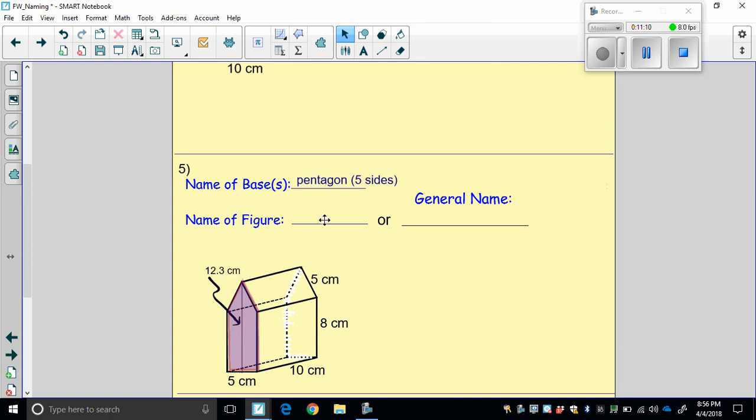So it's a pentagon on the base, which makes it a pentagonal prism. But if you count all the different faces, the front, the back, and the 5 around, there's 7. And we did talk a little bit about this today. The prefix for 7 is hepta, so this is a heptahedron.